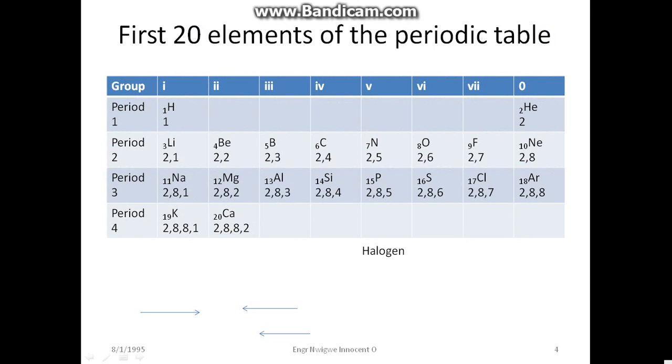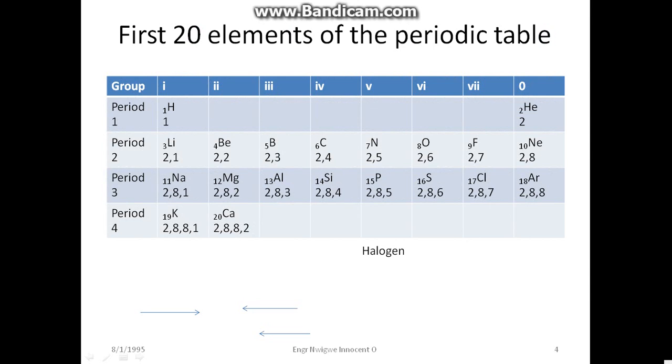So for group 1, we have hydrogen at period 1, and at group 0 we have helium at period 1. At group 1 again, period 2, we have lithium. Group 2, period 2, we have beryllium.